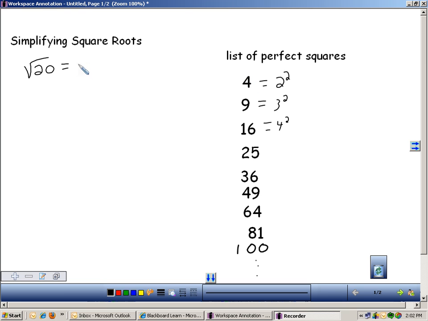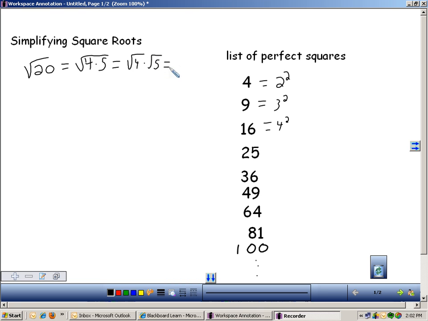And so you want to take 20 and rewrite it as the largest perfect square factor you can find, which is 4, and then the other factor would be 5. Then you can use the product rule for radicals, which says that the square root of 4 times 5 is equal to the square root of 4 times the square root of 5.